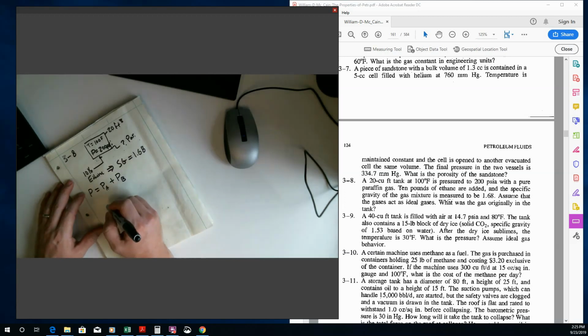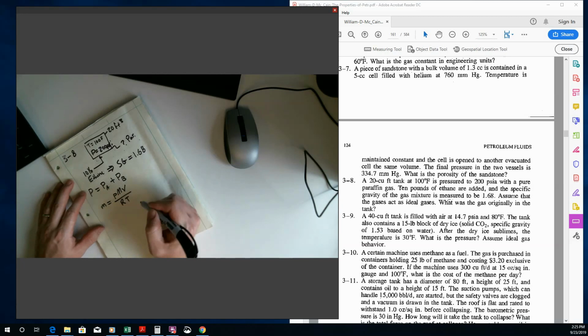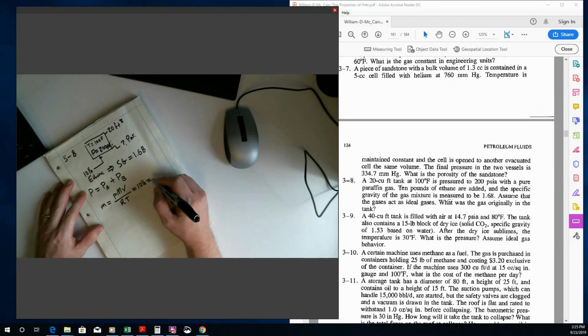So 10 pounds and 20 cubic feet, we've got to calculate. We'll use M equals P big M V over RT. So we know this mass, we know that equals 10 pounds, because that's what we injected. We're trying to find the amount of pressure, the partial pressure of the ethane.